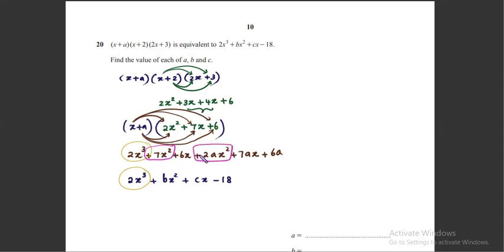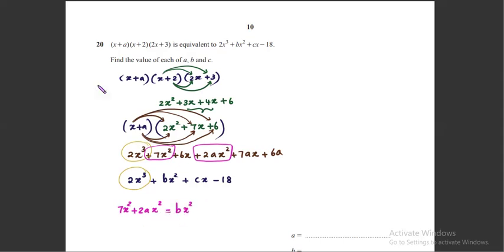I'm going to pick these two because they both have x squared in them. Even though it has 2a, this a is actually a number. So a could be a 2, a 3, or any number. If a is a 3, it will be 2 times 3, which is 6x squared. So definitely 6x squared and 7x squared will be equal to this bx squared. I can clearly state that this 7x squared and this 2ax squared is equal to this bx squared.